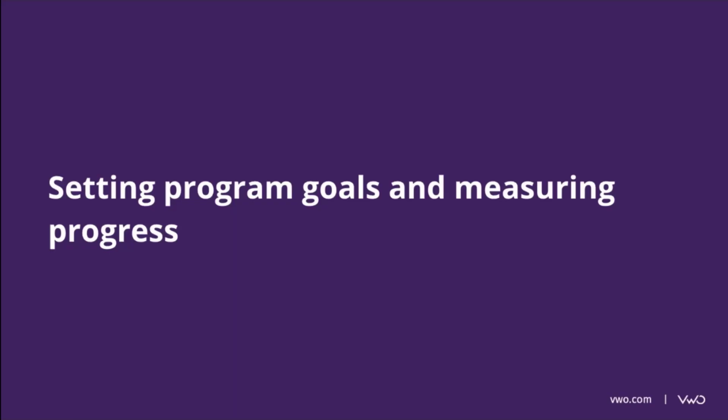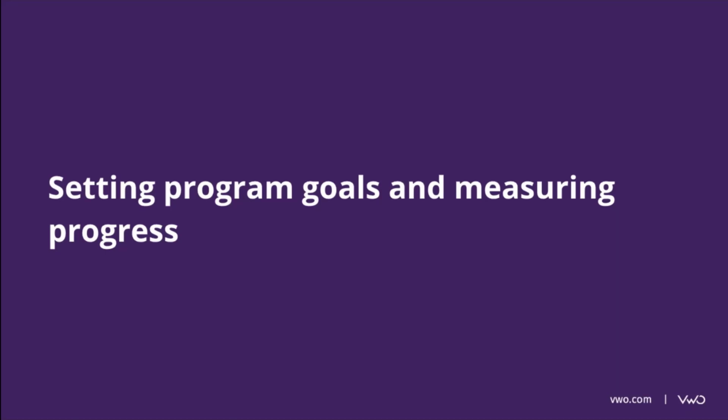Now, coming to another aspect of how you scale your conversion optimization program. It's really important that before you get down to it, you have the program goals and the measurement framework in place, because at the end of the day, it's all about the hard numbers, and you will have to justify the ROI and everything that comes with it.